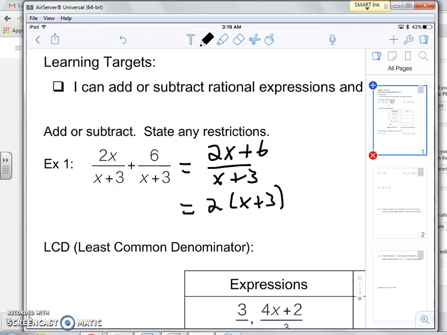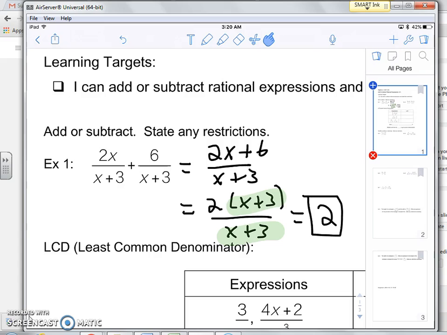We get 2 times the quantity x plus 3 all over x plus 3. And we find that those two factors reduce, and our final answer is just 2. So that is relatively uncommon with rational expressions, but definitely happens.